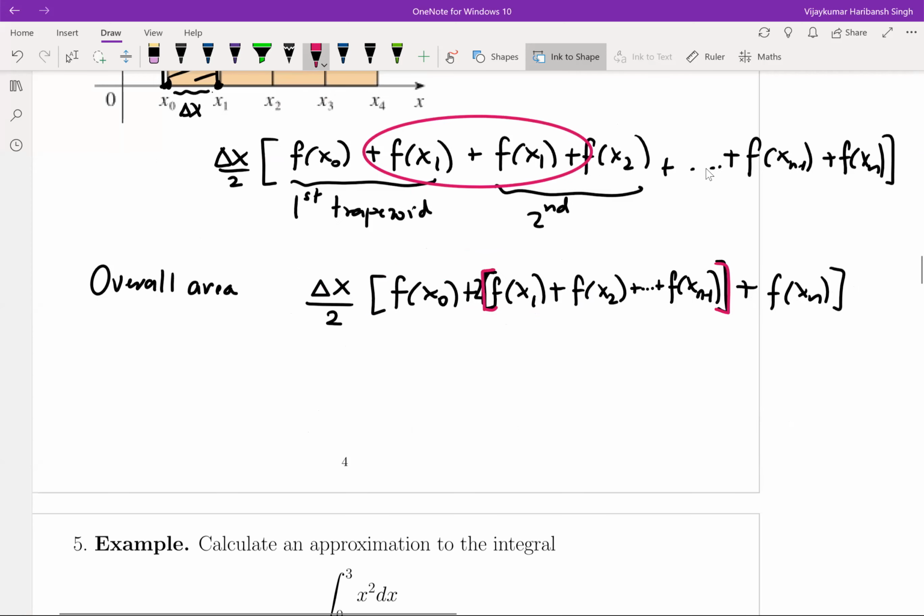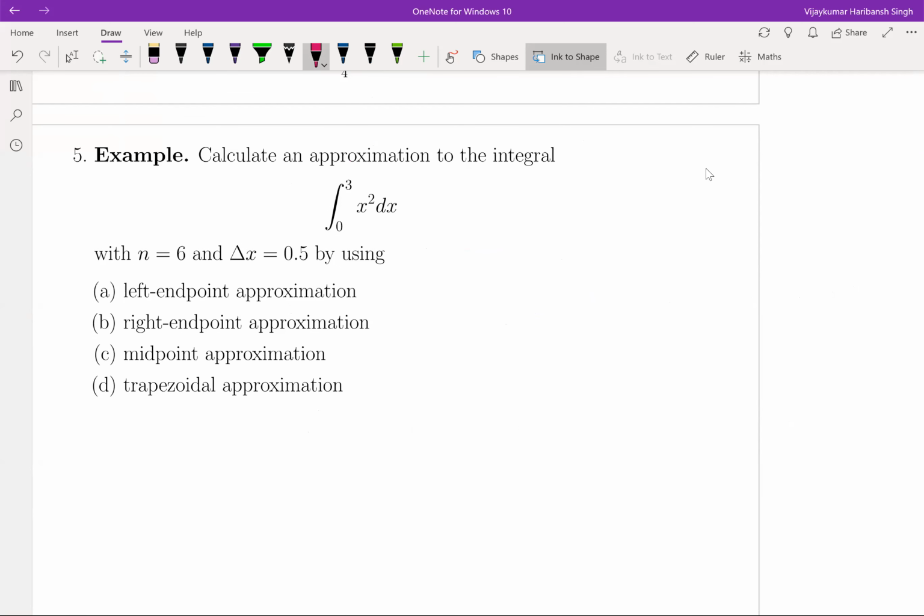Calculate an approximation to the integral from 0 to 3 of x squared dx with n equal to 6, delta x equal to 0.5, using left point approximation, right point approximation, midpoint rule, and trapezoid rule. So let's basically do this.